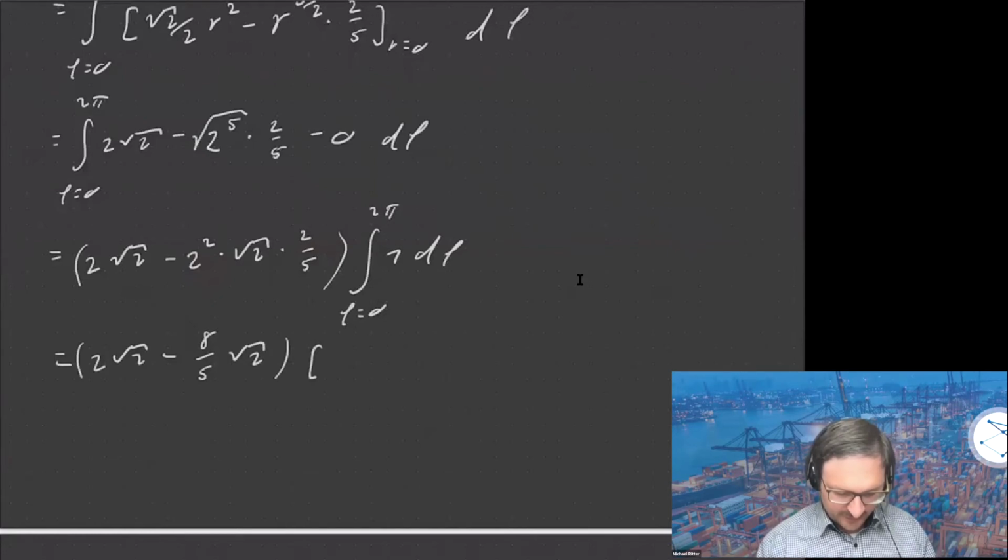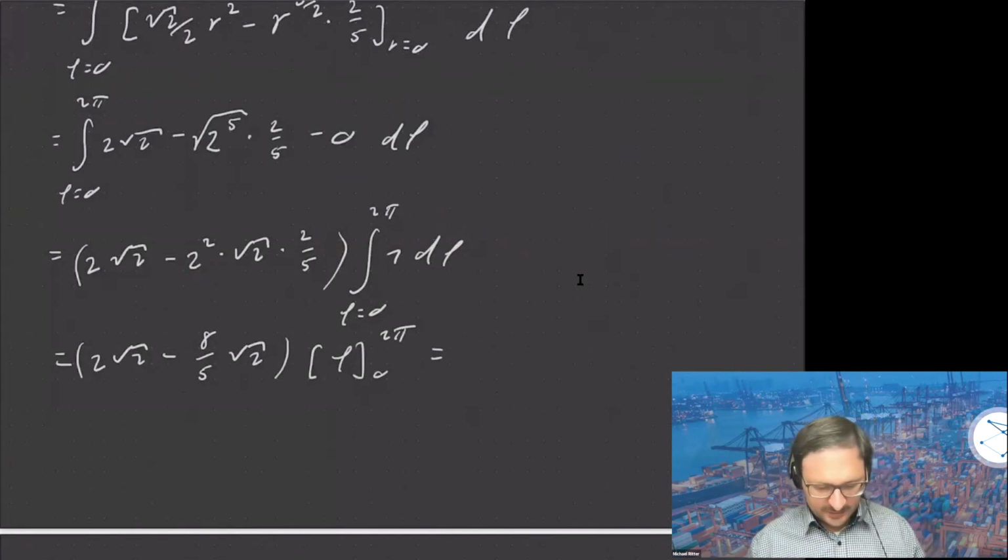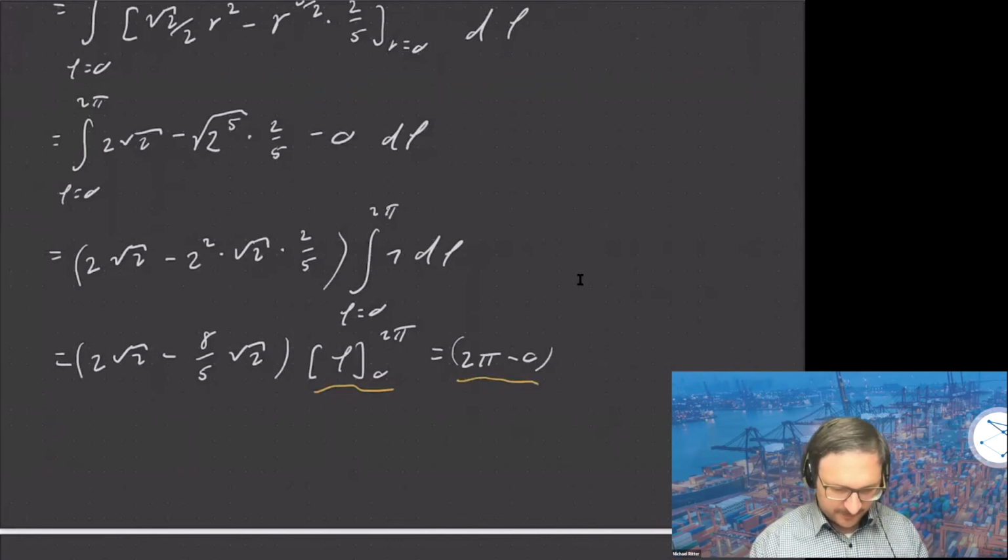And then this integral, that's just phi from 0 to 2 pi. So in the end, what we get is 2 pi minus 0. That's coming from this integration here. Times, and let's put this on one fraction here.